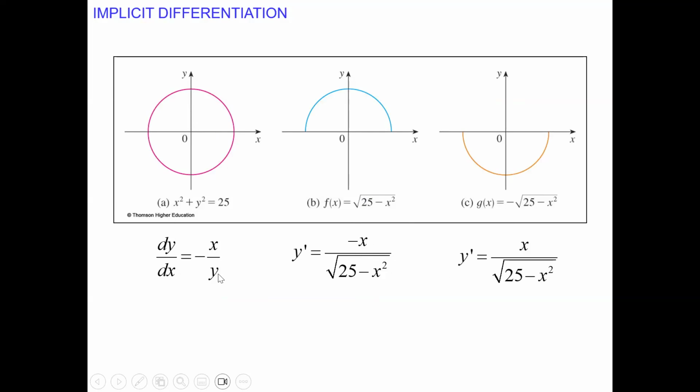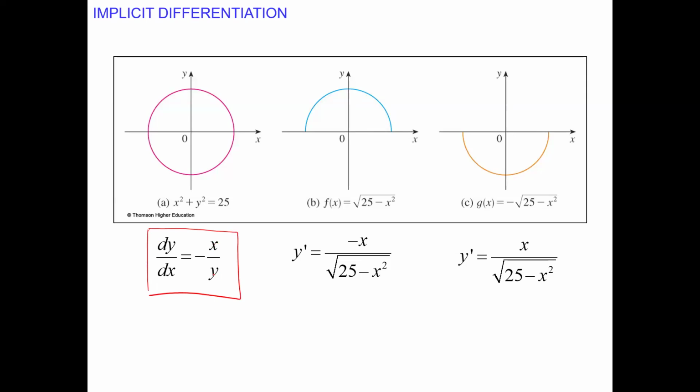Now we did implicit, and implicit differentiation always results in the most general derivative form. I hope you can see the connection. The derivative of the entire circle in the implicit way is negative x over y.